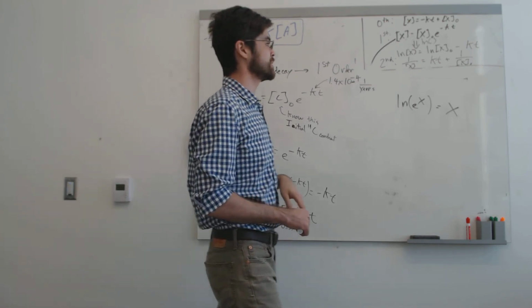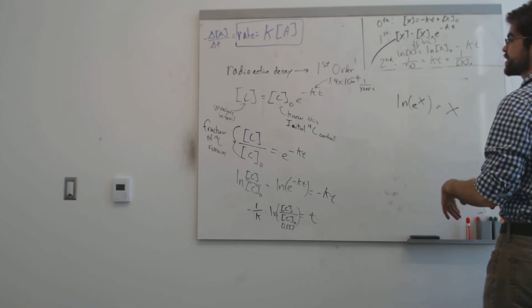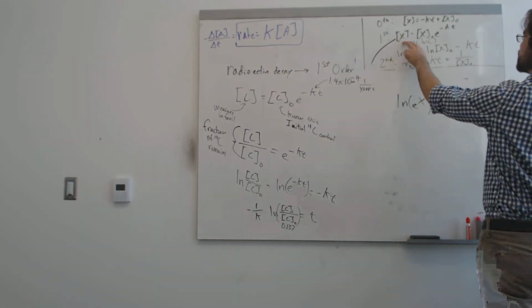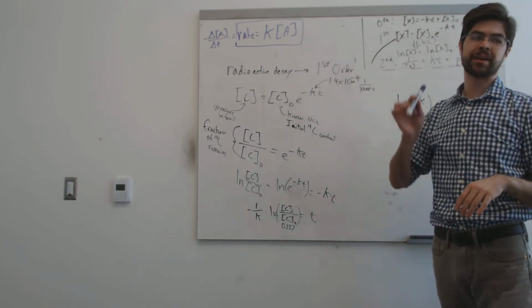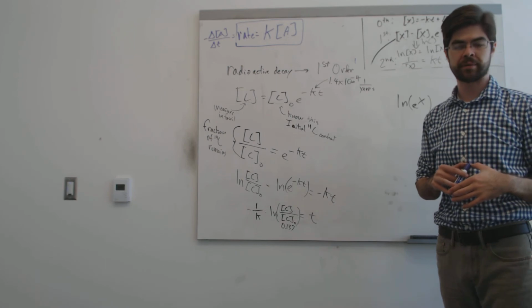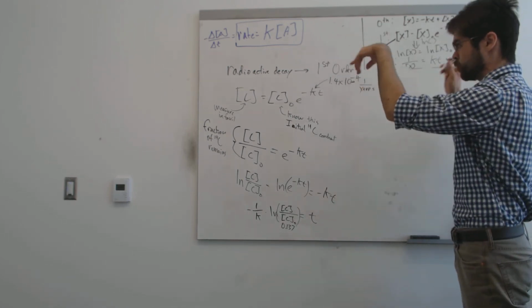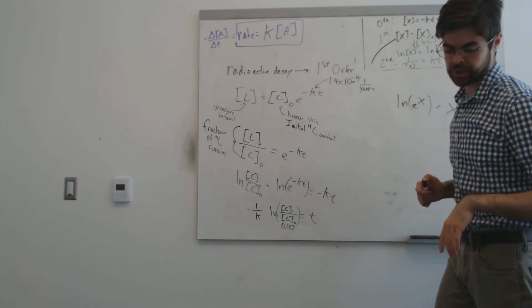The math we were doing today was working with all of these equations. We're looking at not how the rate depends on concentration, but how the concentration depends on time. Rate is a derivative with respect to time. So these equations are related, but they're related through a little bit of integral calculus.